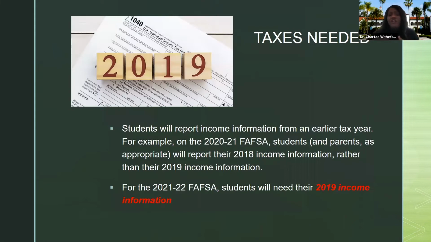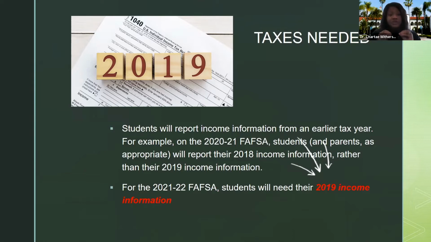Now, let's talk about what do you need when you fill out your FAFSA. For this specific FAFSA, the 2021 FAFSA, you will need your tax information from the previous year. So for example, if you are going to apply for the 21-22 FAFSA year, you will need the previous year's taxes. So you'll need your 2019 taxes.